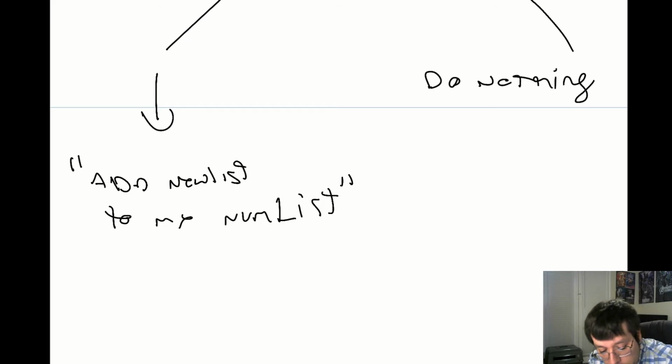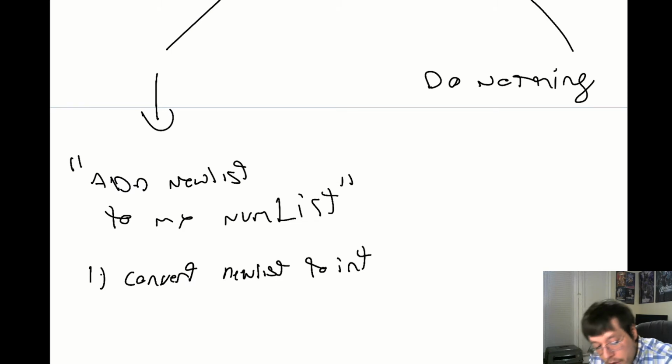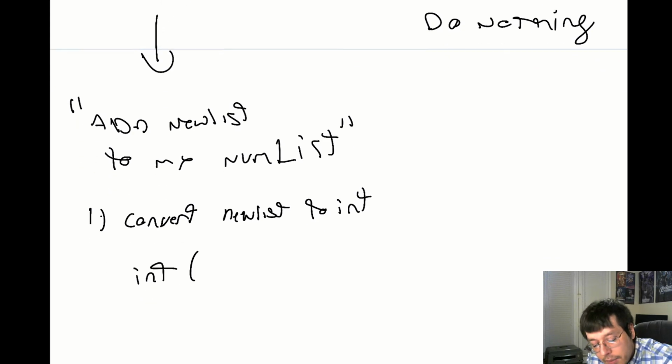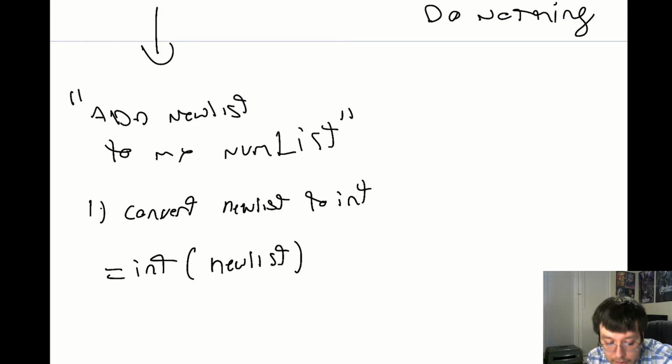So I'm going to say step 1 is convert the contents of new list to integer. And we know we can do that with casting. This one I'll give you the line of code because you're still kind of fresh when you do casting, but you just do int of new list. Okay, and then just store that somewhere temporarily. So I'm going to call that variable v.